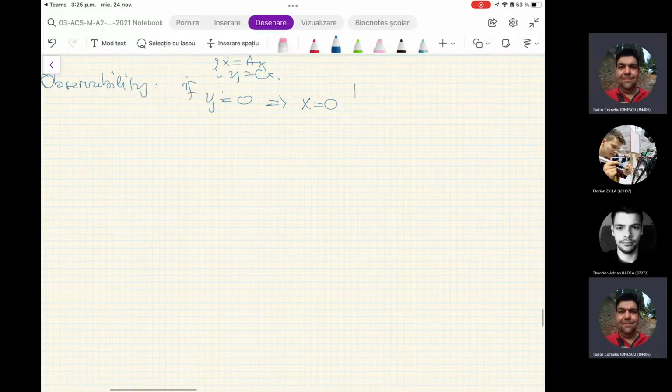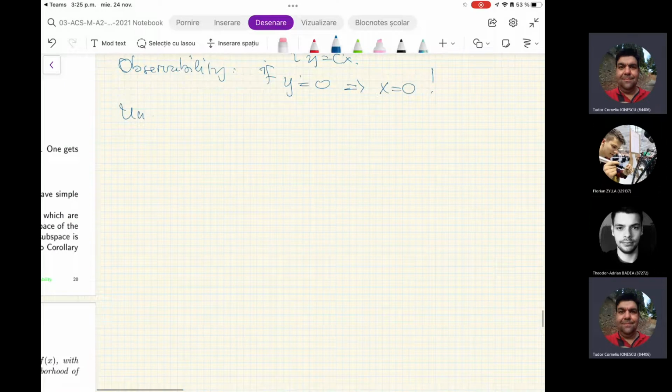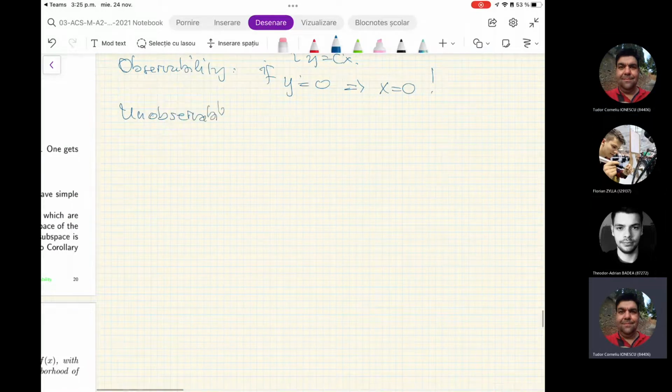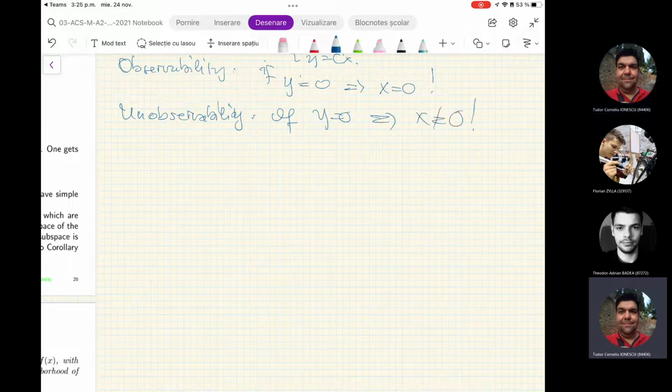That's what observability means. Or even better, unobservability: if y equals 0 does not imply x is zero, that is, x is non-zero.